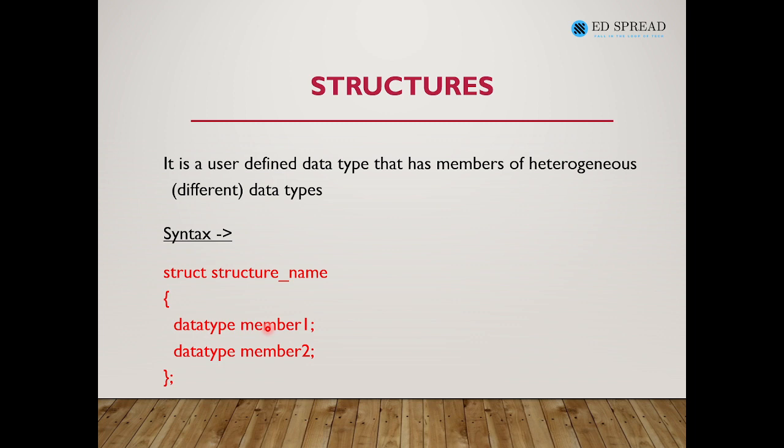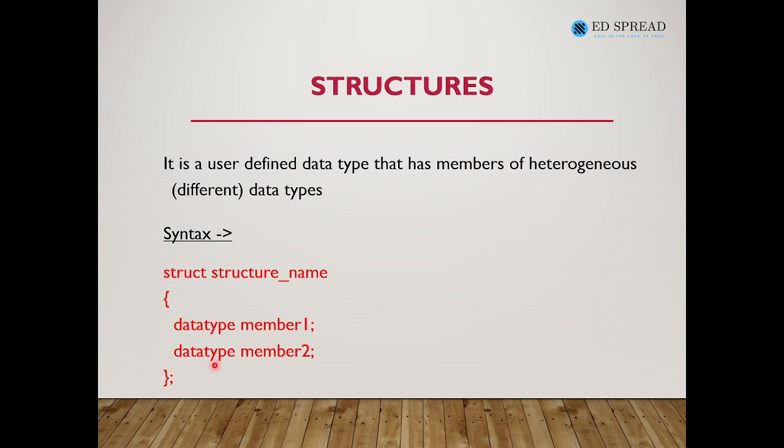The column name might be roll number, which is an integer, so int roll number, and then let me take name, which is a character, and then member 2, that is marks.